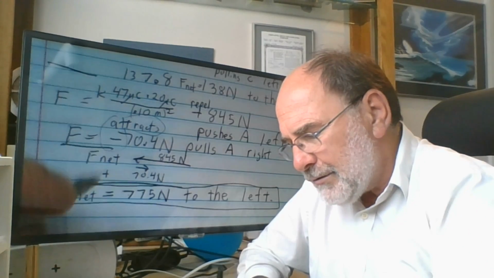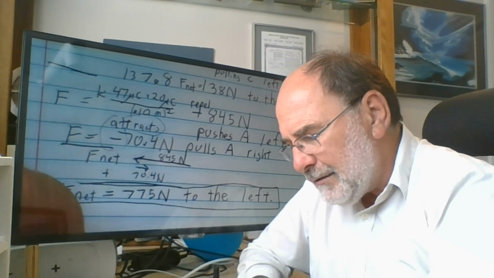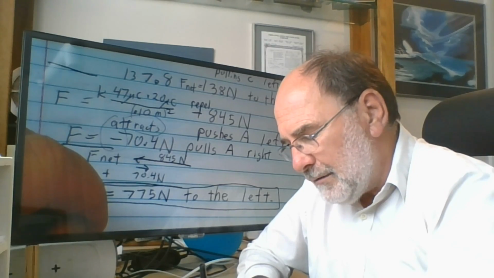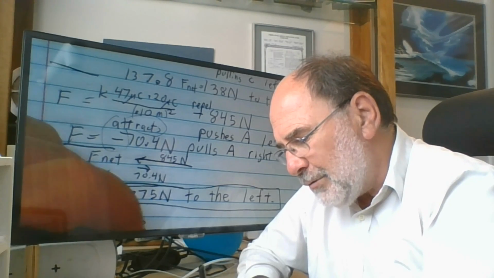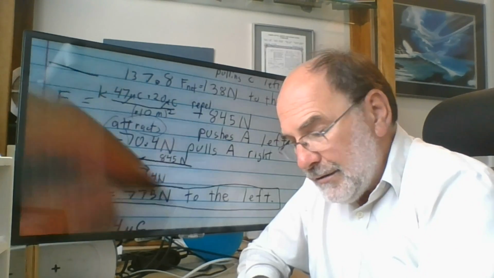All right, I suggest that you do a practice problem yourself and let's just mix up a couple numbers. Let's say charge A is 34 microcoulombs, and I'll make it negative, and it's at the origin.